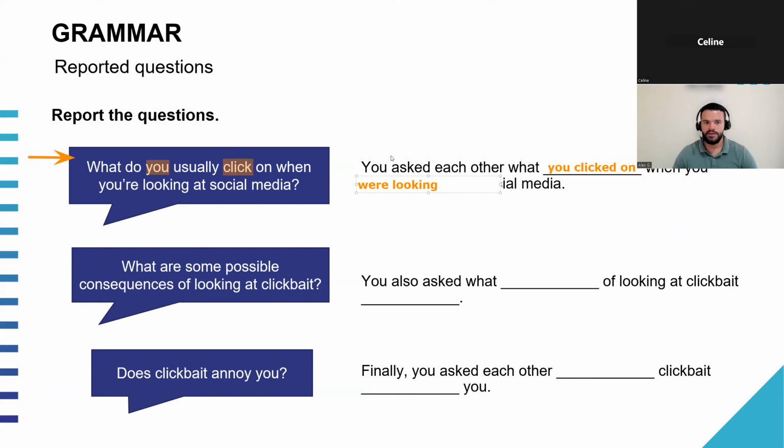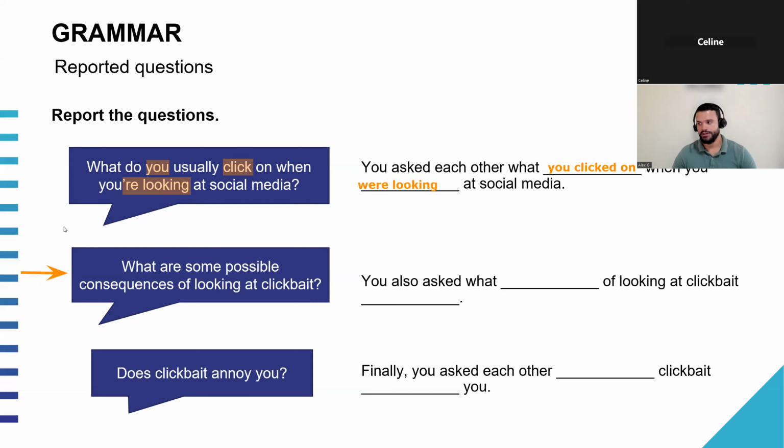Okay, so the important part here, Celine, is to make sure that you include the subject. You're going to change the verbs to the past. Make sure to always change the verbs to the past. Are looking at, were looking at, okay? All right.